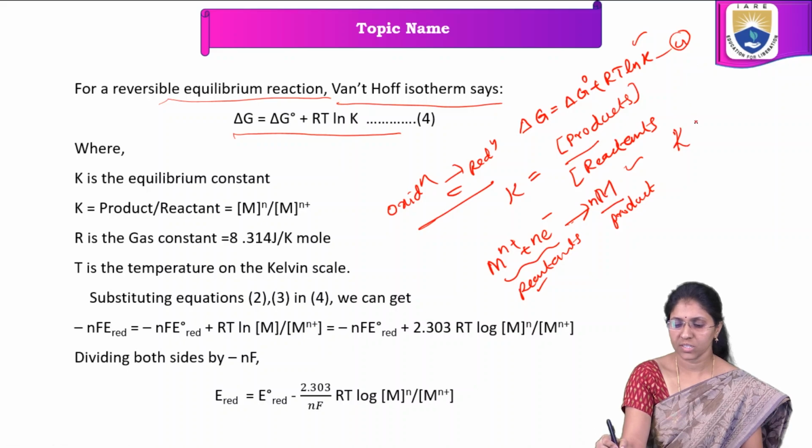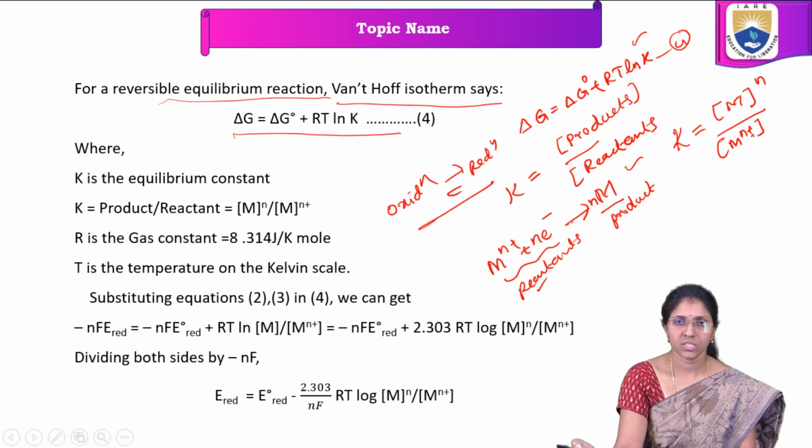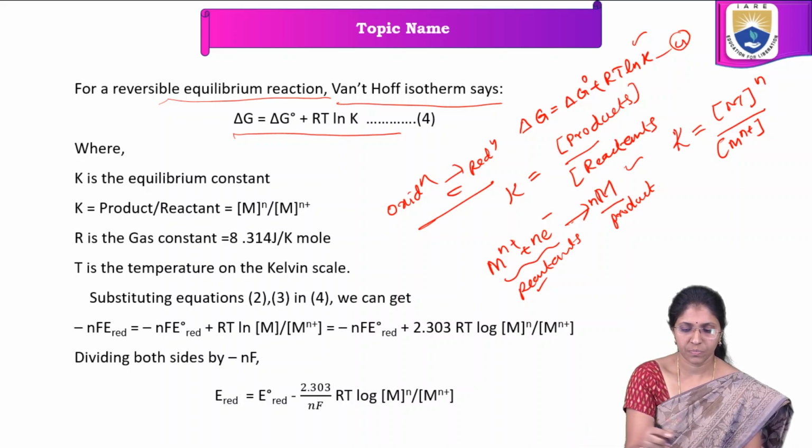Concentration of products means concentration of metal, with the number of moles written as the power of metal, divided by concentration of metal ion. This is the equilibrium constant.